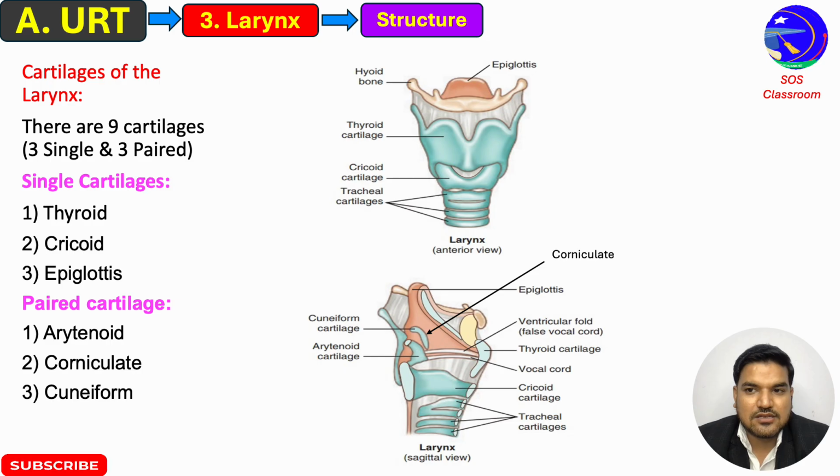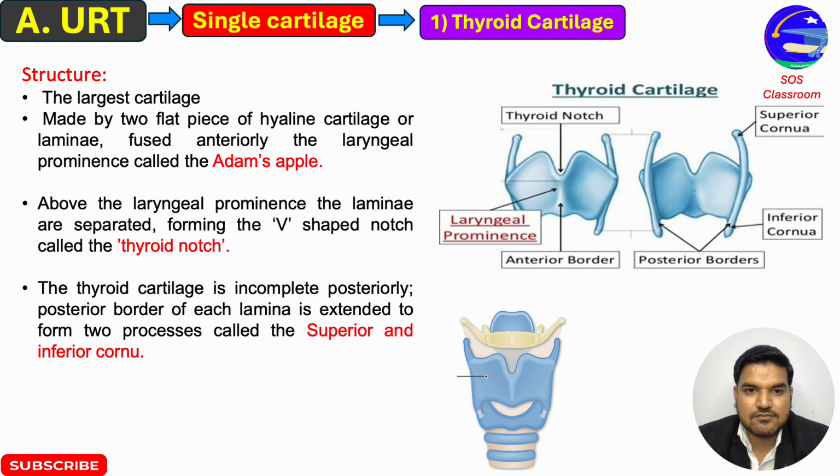First of all, let's discuss the thyroid cartilage. You can see the structure of the larynx, and this is the thyroid cartilage. There is one lamina and a second lamina. These 2 laminae join with each other and make a prominent portion, the laryngeal prominence. Thyroid cartilage is made of hyaline cartilage.